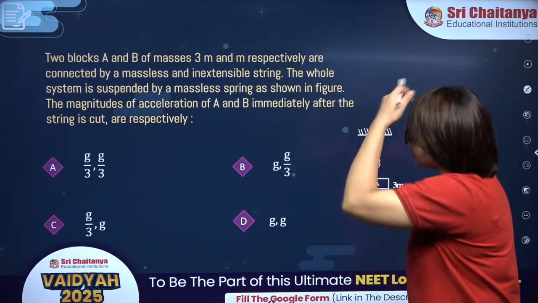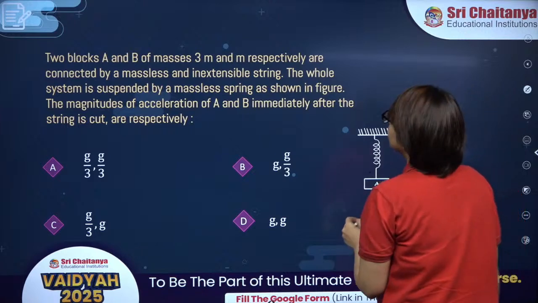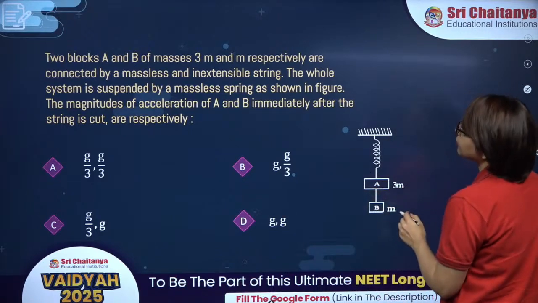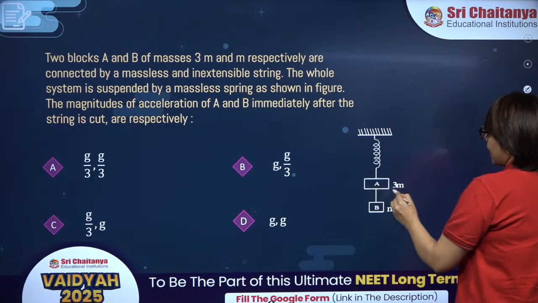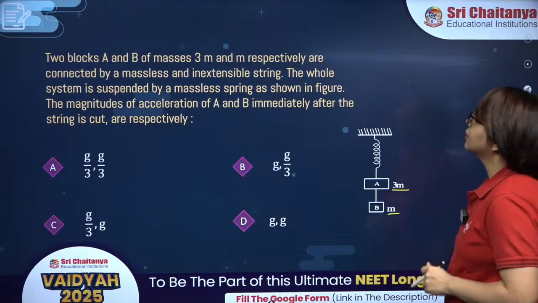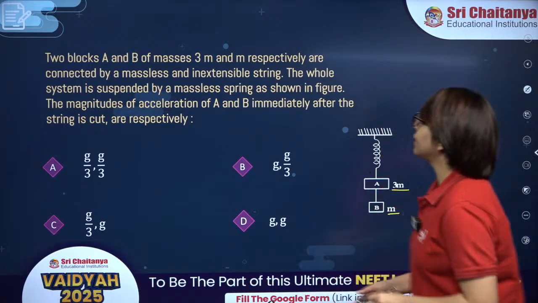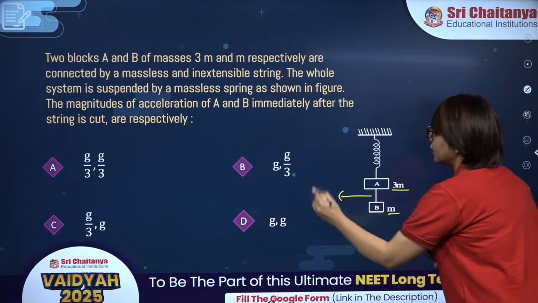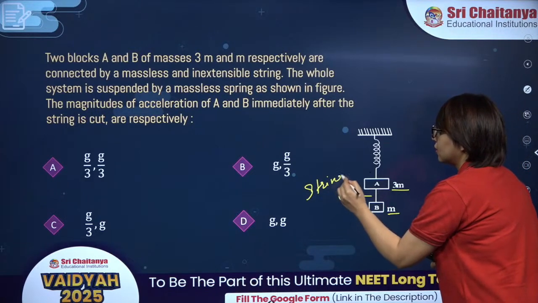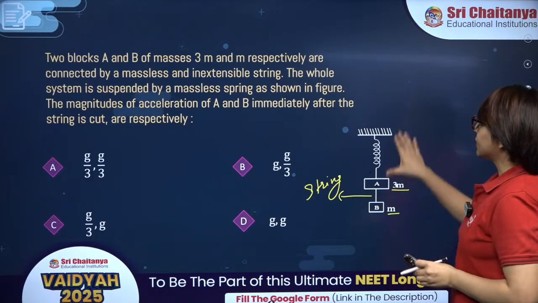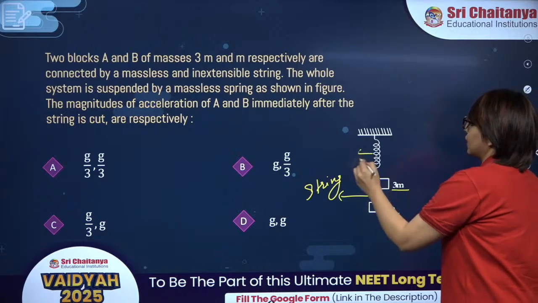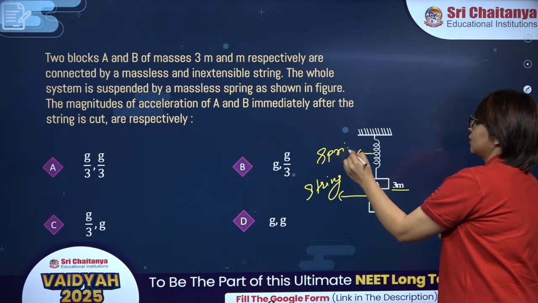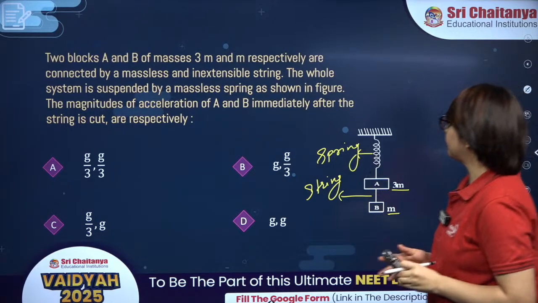Two blocks A and B of masses 3m and m respectively are connected by a massless and inextensible string. This is the string. The whole system is suspended by the massless spring as shown in the figure.